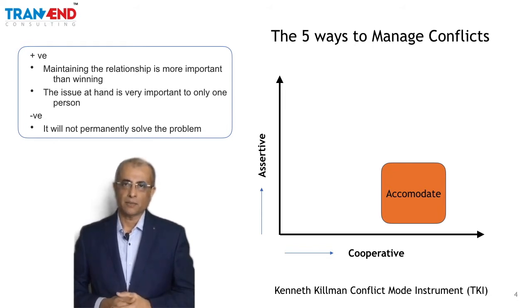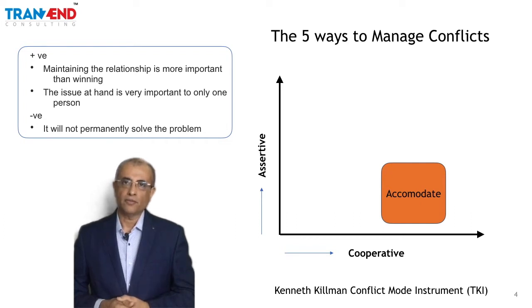Now let's take another example. Say there is a meeting which has to be conducted at 10 a.m. in the morning. You have arranged for everyone to be present in that meeting, including one of your colleagues from your team.